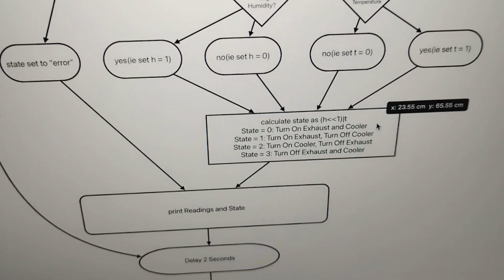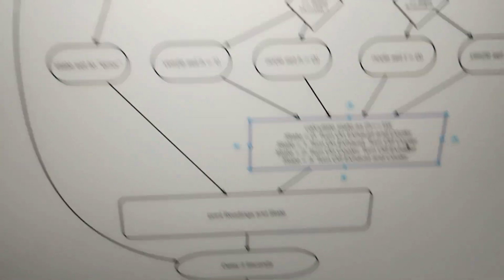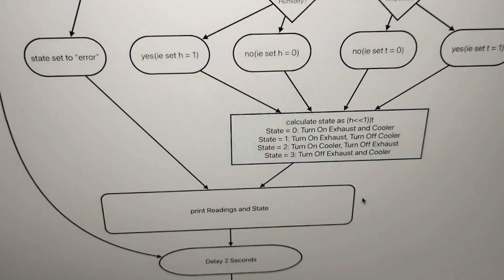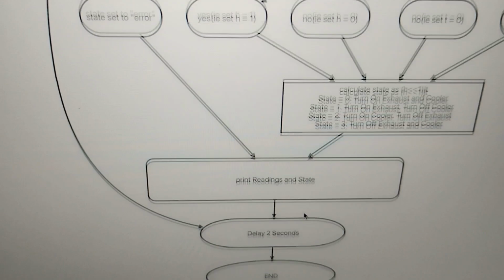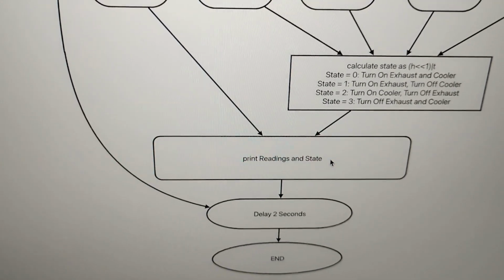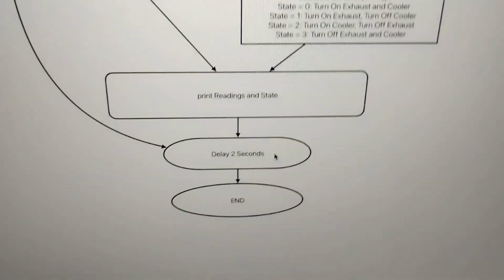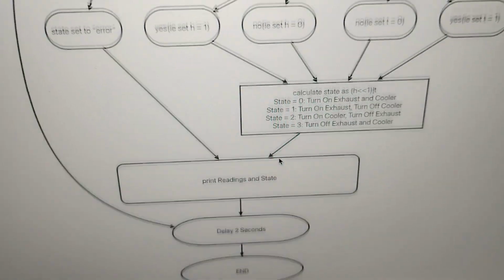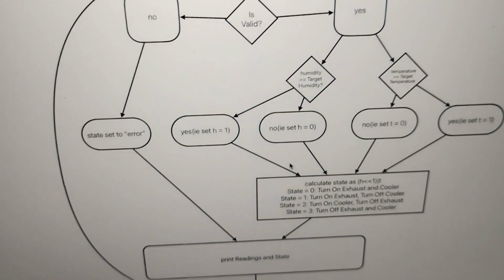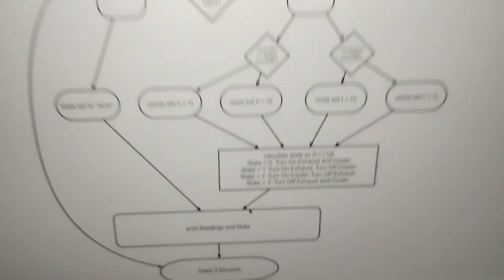If it's state 0, we turn on exhaust fan and cooler. Same way, we are going to print state and reading to plot and observe the values, and we perform all of these operations with a 2-second delay.